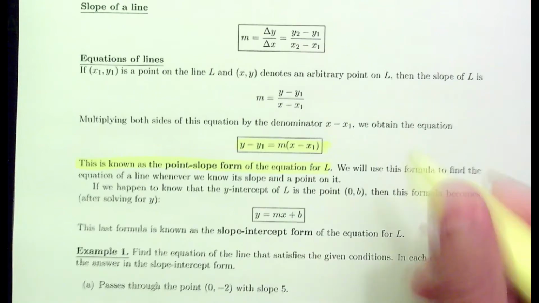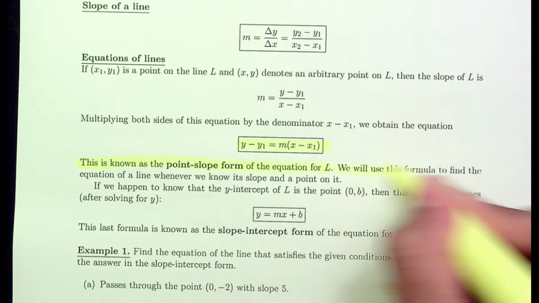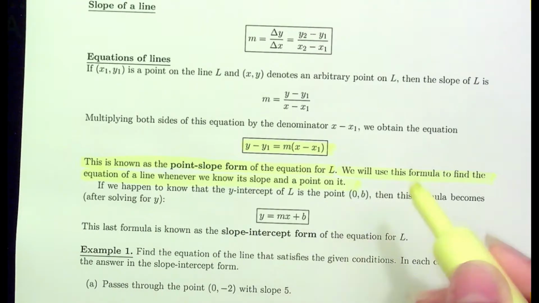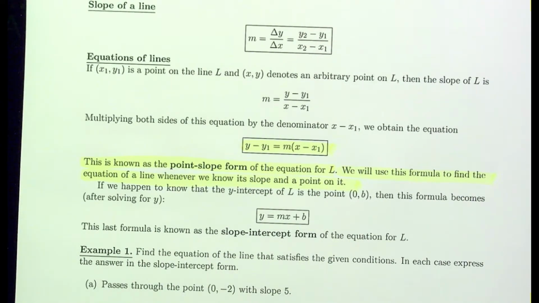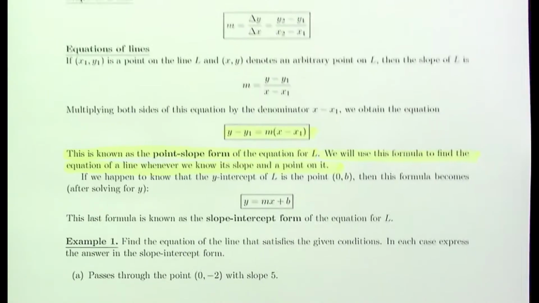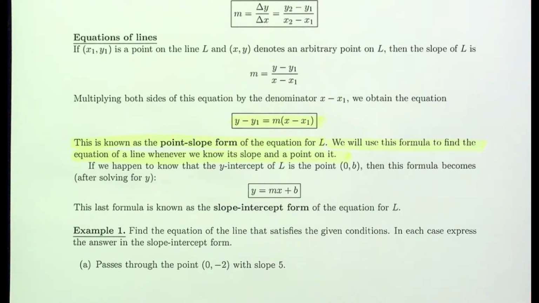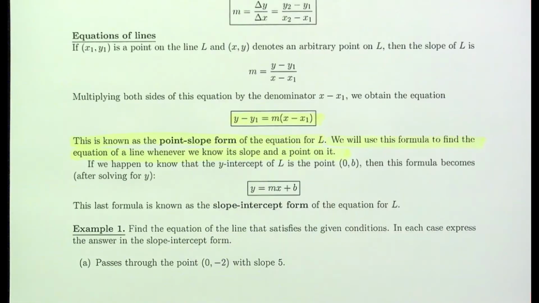We will use this formula to find the equation of a line whenever we know its slope and a point on that line. So as soon as you know the slope of the line and a point on the line, you can write down the equation immediately. Just use this formula. And this formula is used a lot, is used in calculus so often. You really need to memorize this, okay?